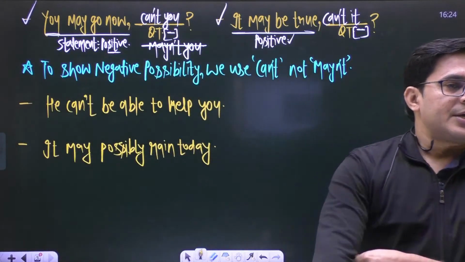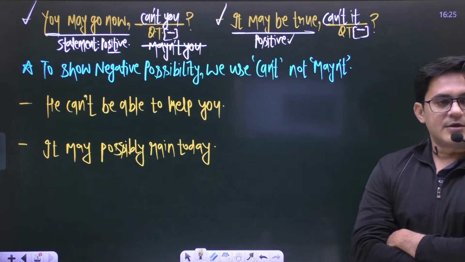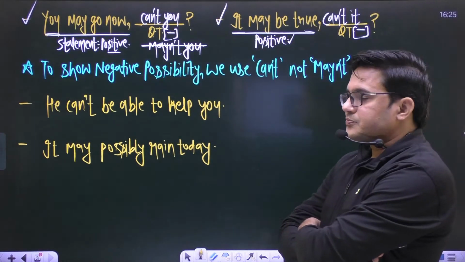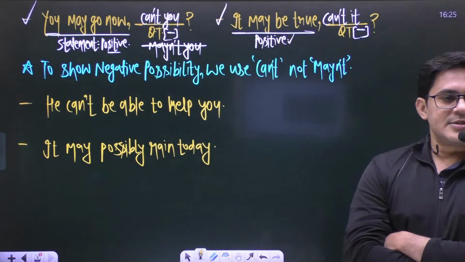Yes, he can't be able to help you. Next sentence is, it may possibly rain today. Two different sentences you have.